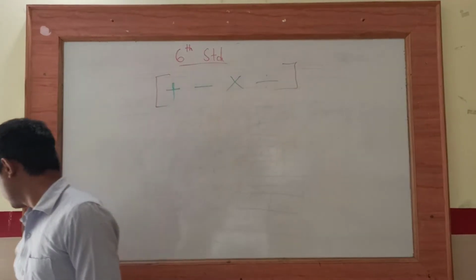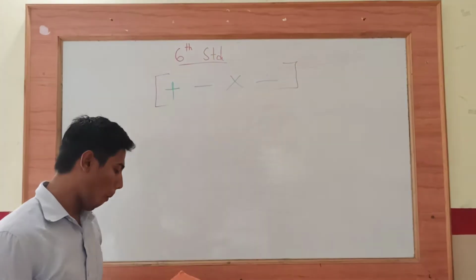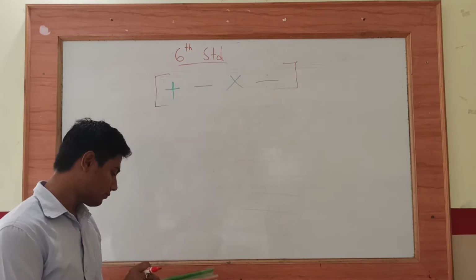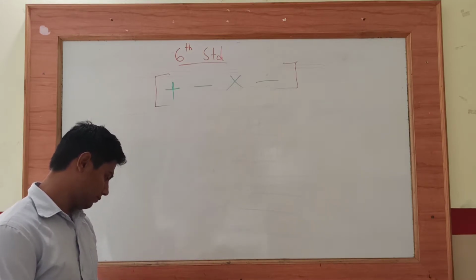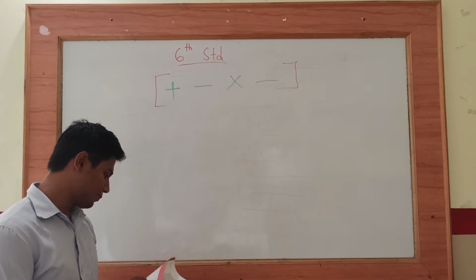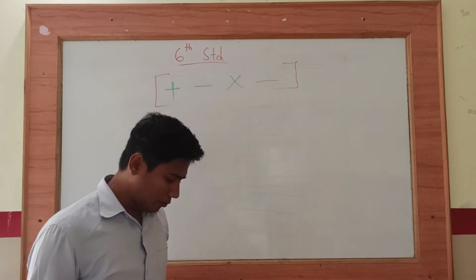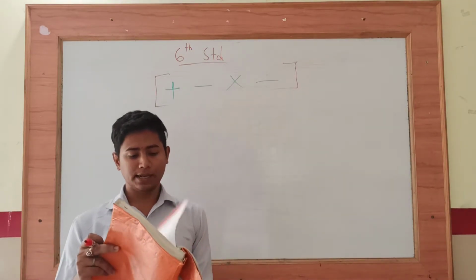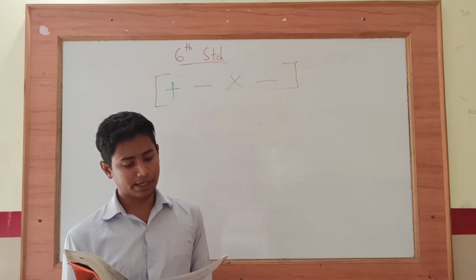So let's start. Everyone open the textbook. Go to exercise 1.2. Go to question number 1. Some examples are also given here in the book: example 1, example 2, example 3 and 4.